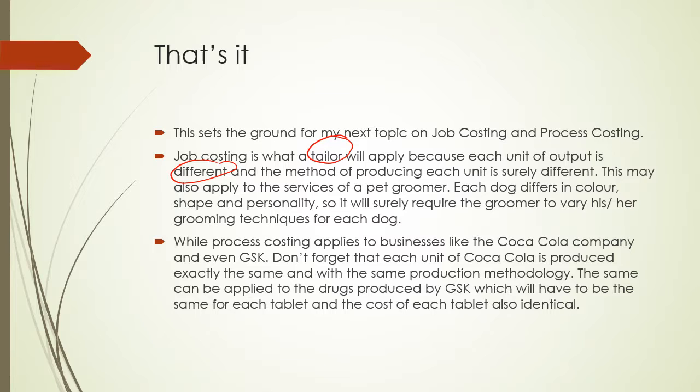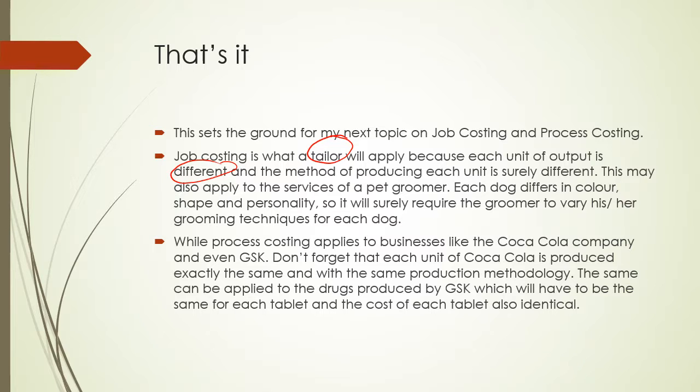Now, earlier on, you remember I told you about the Coca-Cola company, right? And it's not just the Coca-Cola company, but also GSK. Both companies produce large quantities of goods using the same method, and for each unit of output, the raw material and the conversion costs are exactly the same. When I say conversion costs, I'm referring to direct labor and production overheads.